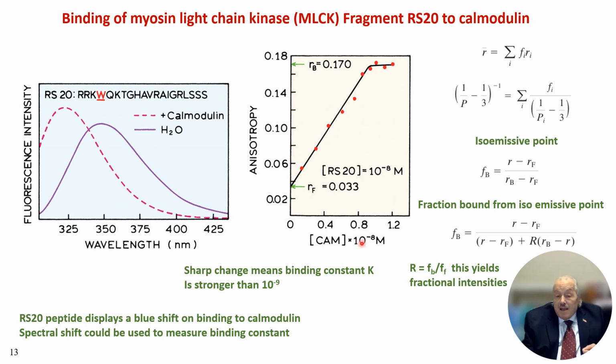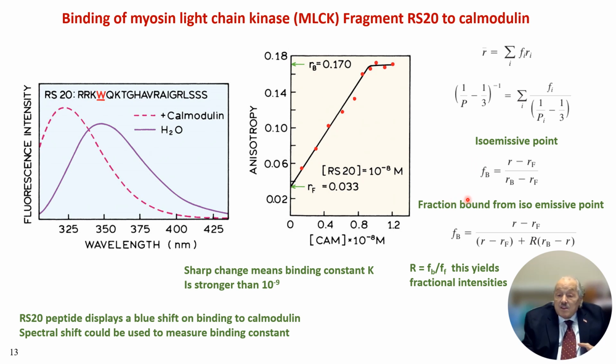So as you add calmodulin to your solution of MLCK, the signal just increases and then it stops. So that's the stoichiometry of the binding. You can't tell the binding constant in this case because everything is bound, but there are expressions that we could use with the data, like in the previous slide, where binding might not have been as strong.